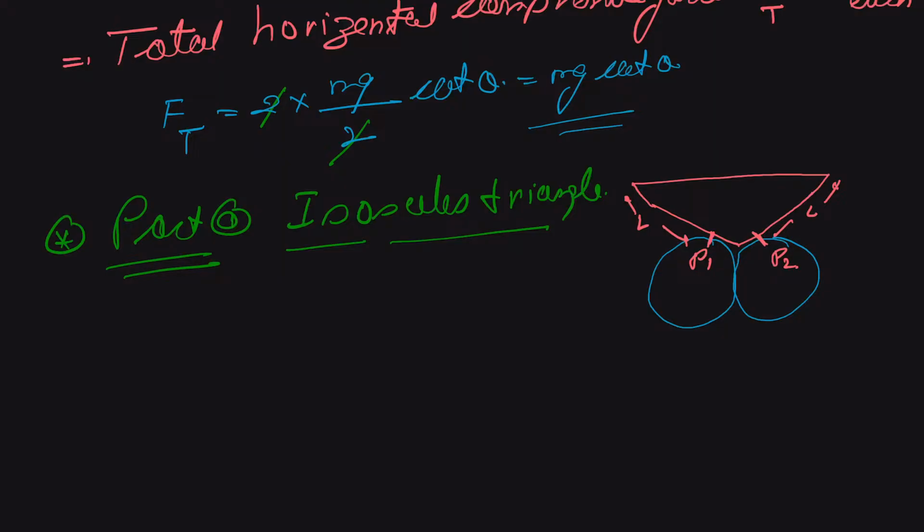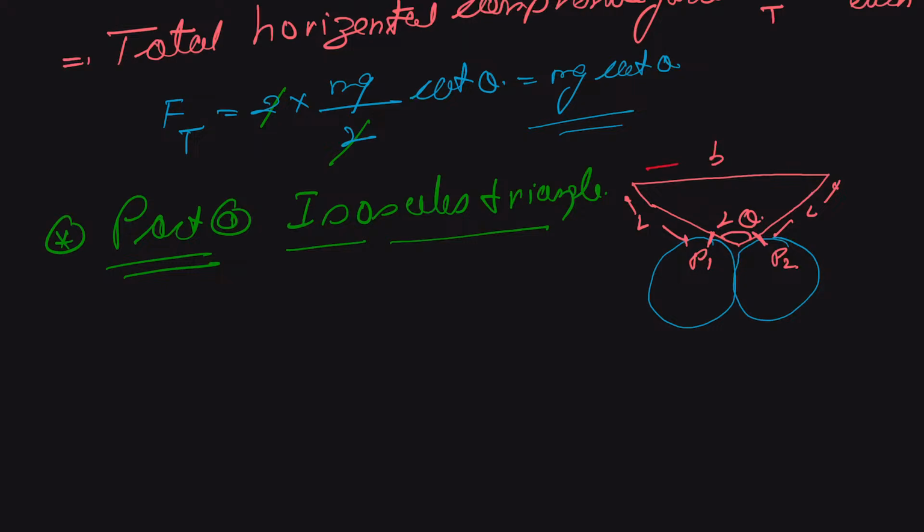So this angle will be equal to 2 theta, okay, because we have radii and they are making contact points as the angle theta is given with respect to horizontal.